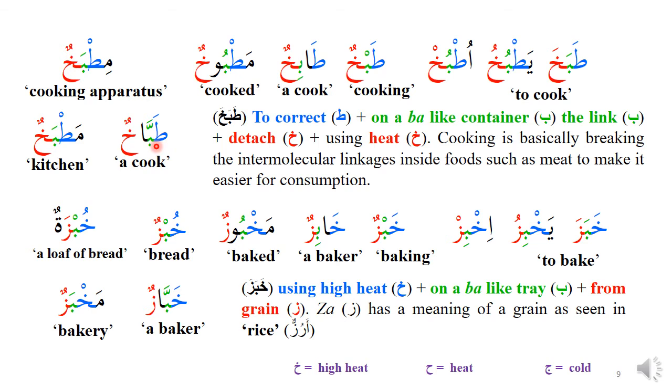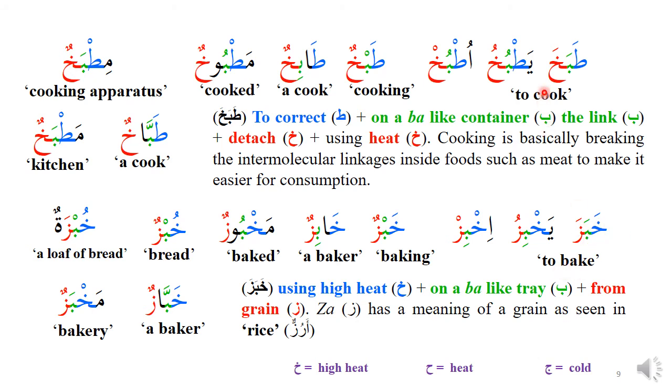We know that if alif is after the second letter and with a shadda like this, it means a profession, and so tabbakhun means a professional cook. Mind you, tawabikhun is also a cook, but tawabikhun would mean a cook maybe one time, a general cook. But tabbakhun means a professional cooker.